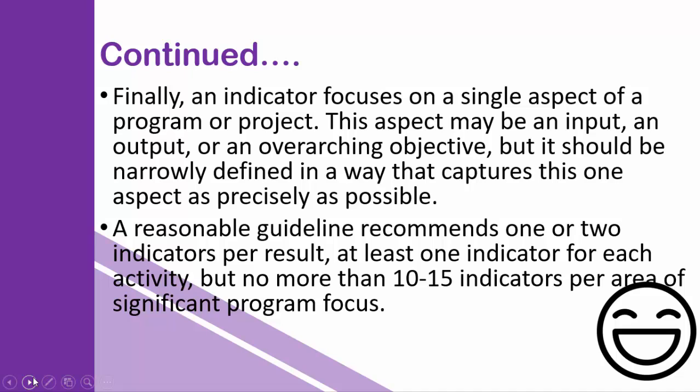So now indicators focus on certain aspects of a project. So what this is telling you is that in a project, you may have different things you want to achieve. You want improved livelihoods of farmers. And on top of that, you also want more women being empowered. Okay.